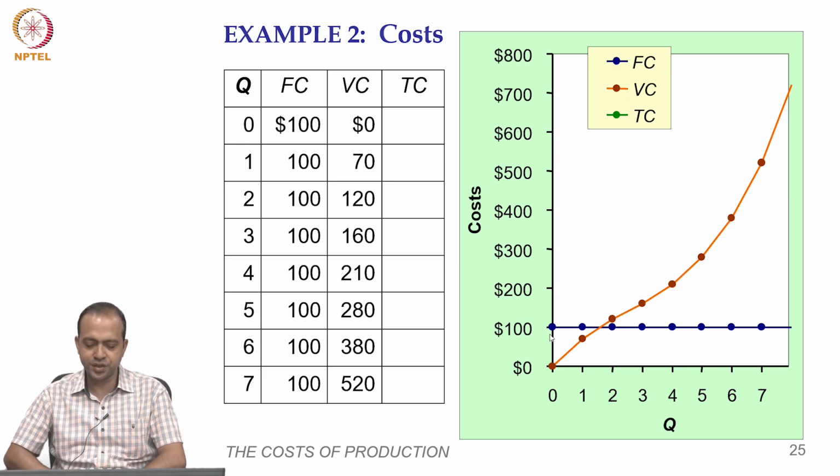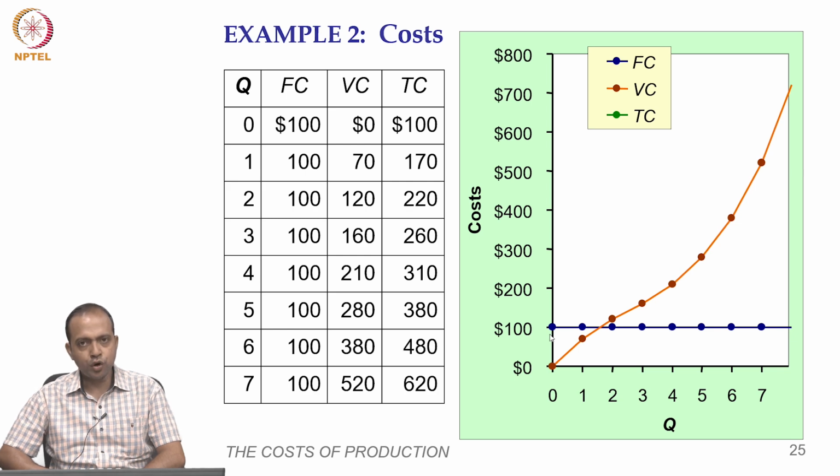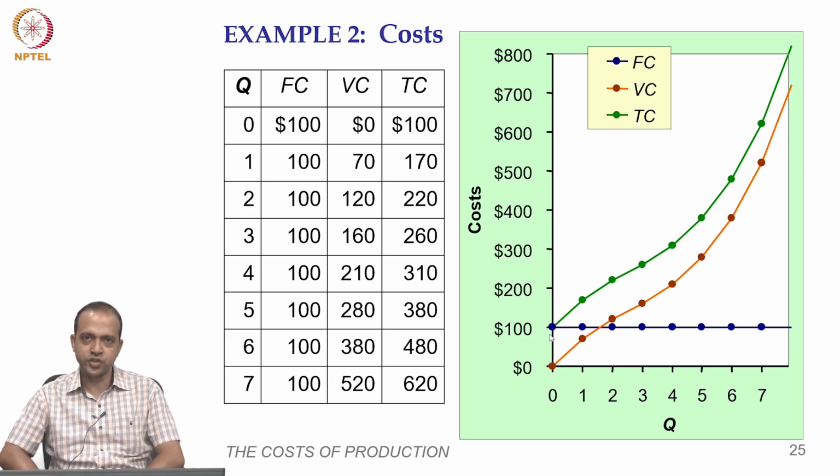Very simple to understand. No production means no requirement to hire any labor. So, if you plot the total cost curve, it will look like the total variable cost only, the only difference is that it will start with an intercept. This is the intercept. Okay.